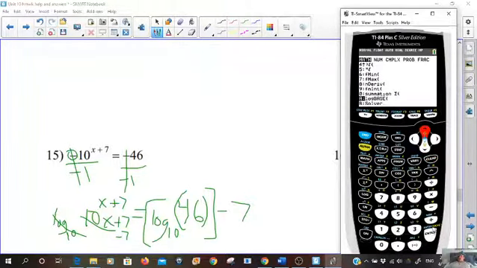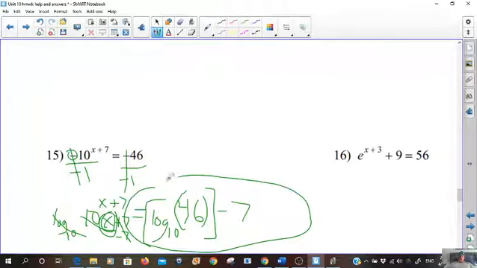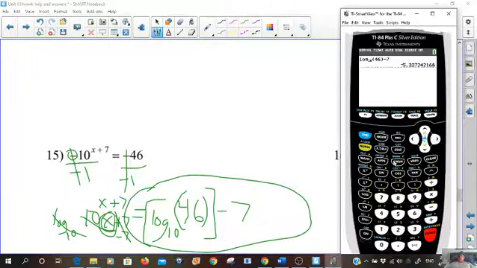So, for example, we got log base 10 of 46, okay? And then we minus our 7 to the other side and solve for x. And so this is just a number, negative 5.337. It's okay to be negative, because we did this to the other side. So now we know that x equals this beautiful answer. Let me show you the other way.